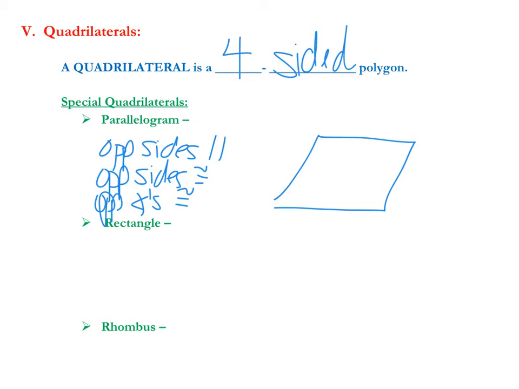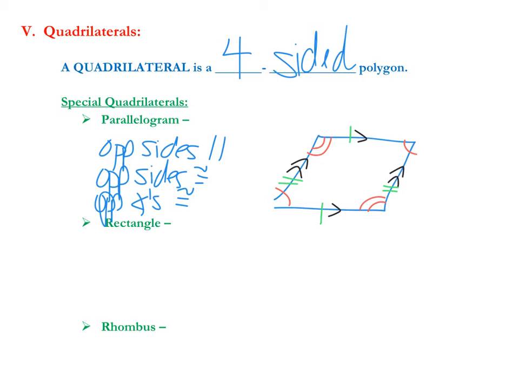So if this was our parallelogram, we would say that opposite sides are parallel. We would say that opposite sides are congruent and opposite angles are congruent. So that's a really important characteristic to know about parallelograms.